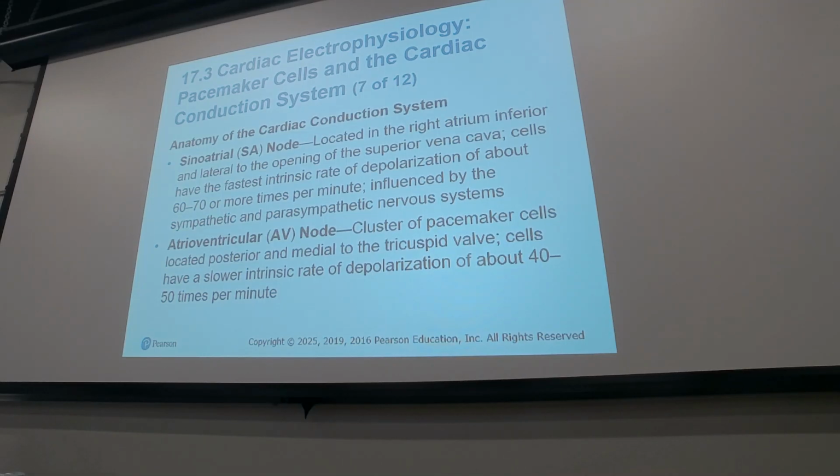So because the vagus nerve helps to drop this depolarization to 70 beats per minute, or 80 on average, we have fewer beats per minute than tachycardia. And that is good for us because that allows the atria to get filled with blood and to transfer normal amounts of blood to the ventricles.